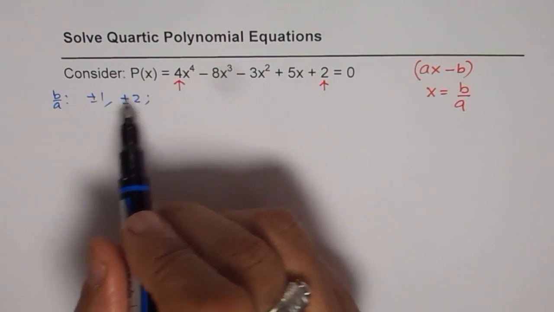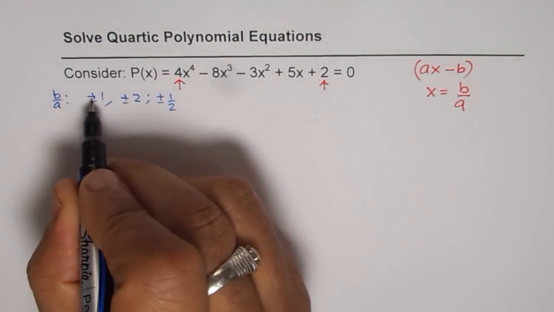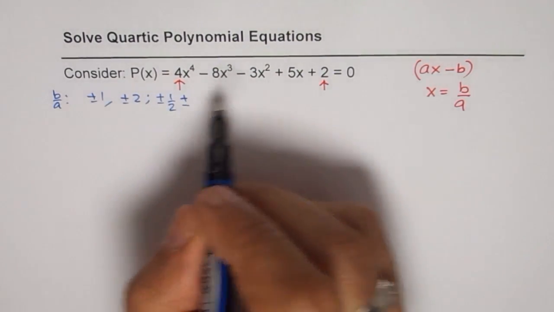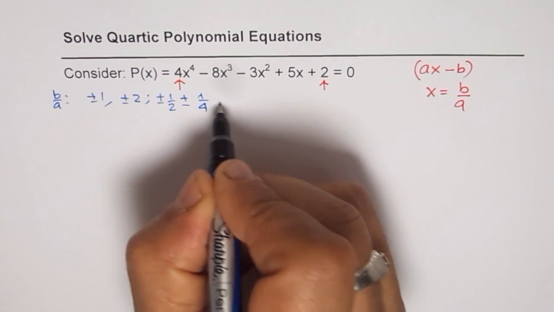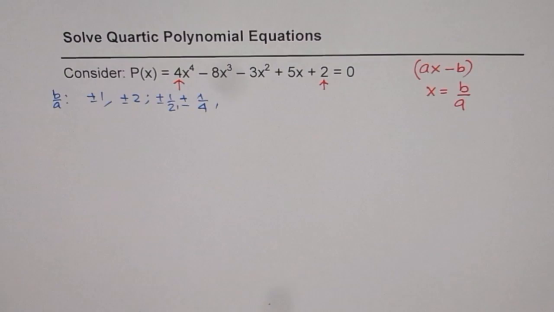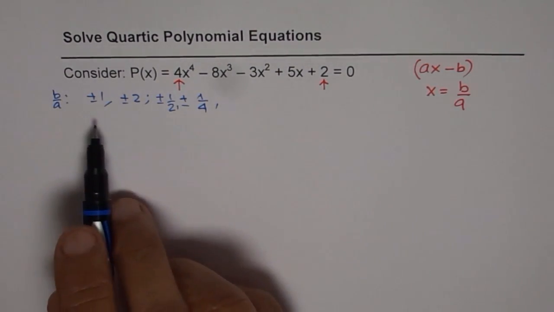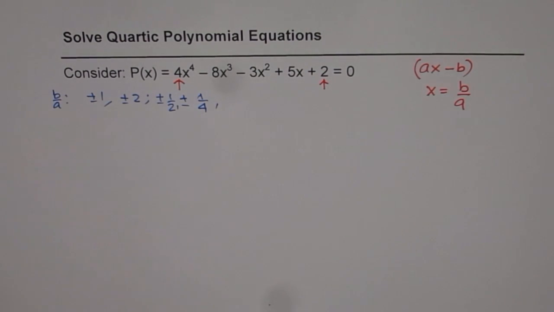So when I divide by 2, I get plus minus half. 2 divided by 2 is 1, which is already considered. Now let me divide these by 4. So I get plus minus 1 over 4. And then 2 over 4 is half, which we have already covered. So these are all the values which we could try to get our answer.